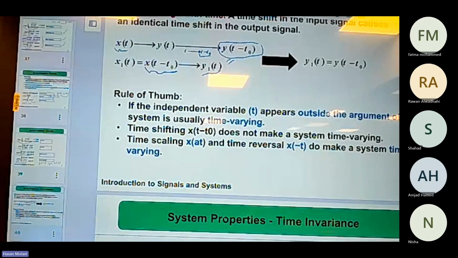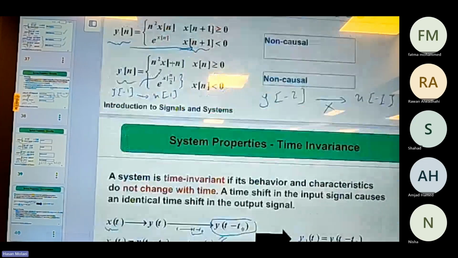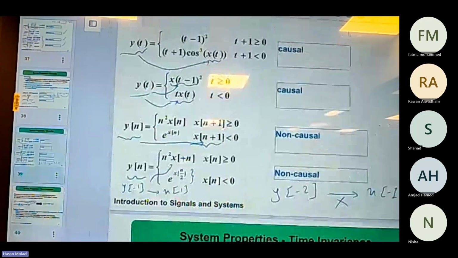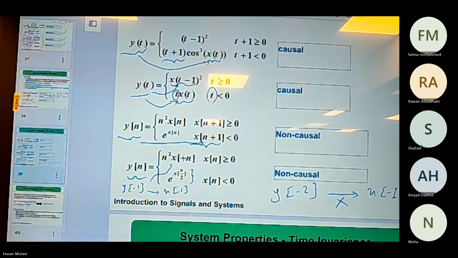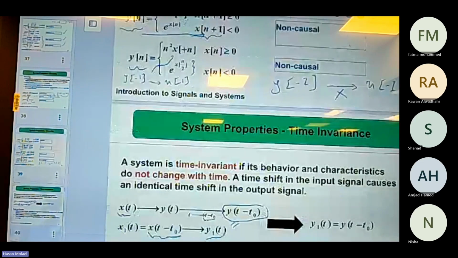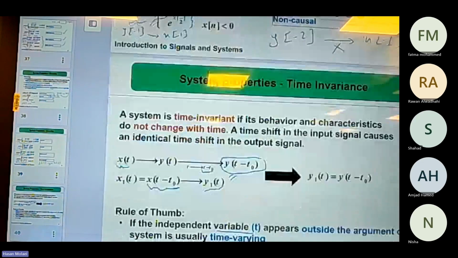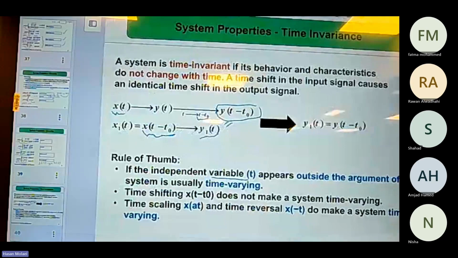There are some rules of thumb. If variable t appears outside the argument of x, can you give one example here, like this? If variable t is outside the argument of x(t), it's usually time variant.